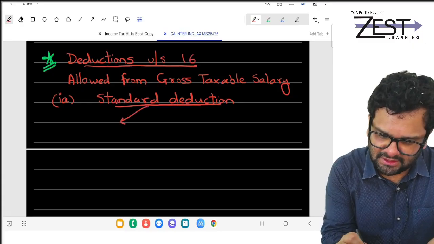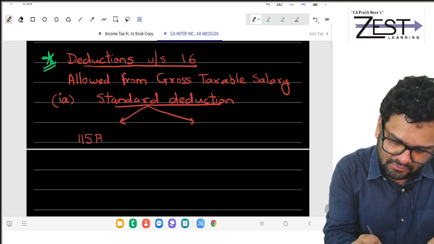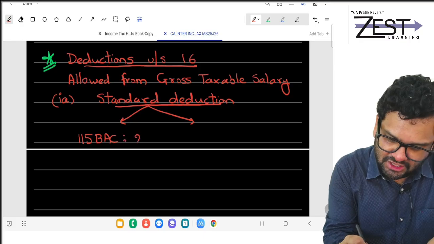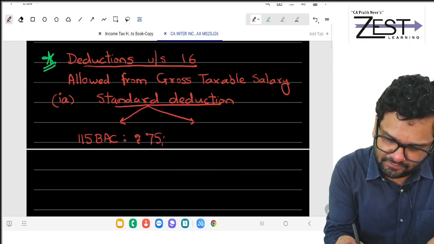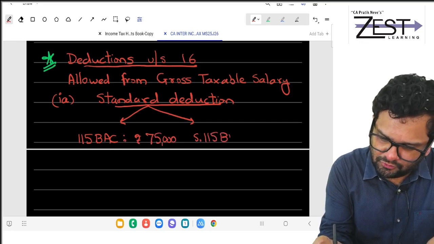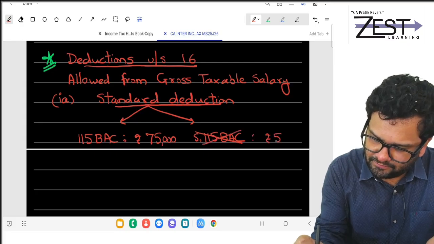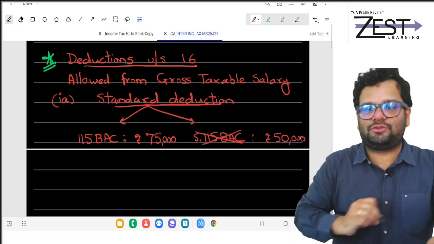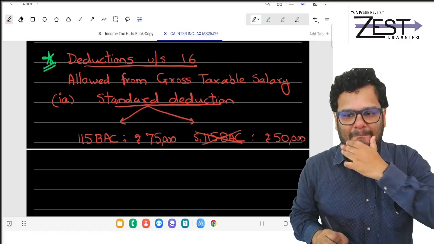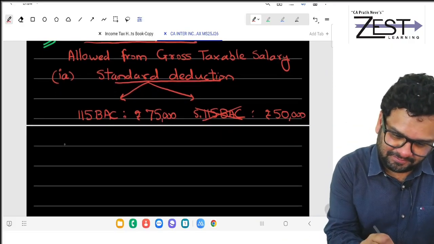Two possibilities are there. You are in 115BAC. For a change, you are getting more deduction, 75,000. And you are out of 115BAC, then 50,000. Getting it?